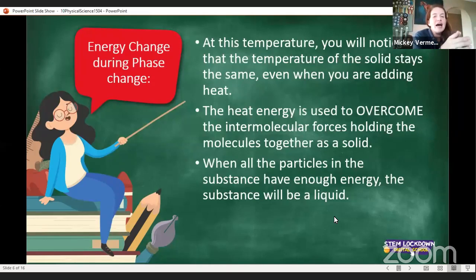I am going to find you an animation that can show you how this works. Some people are going, look, I understand this. The only thing that we're doing today is we're looking at physical change, and how the particles move faster and faster. And then we need to start looking at chemical change.